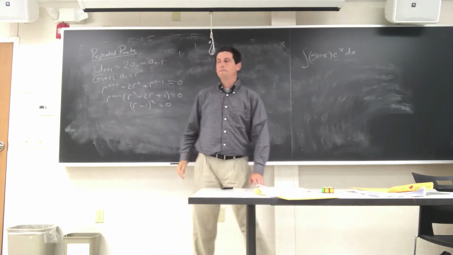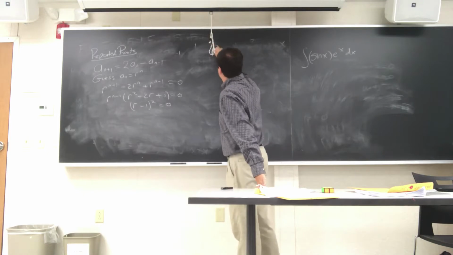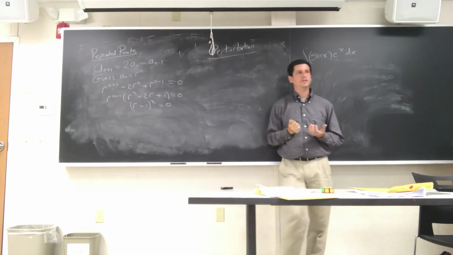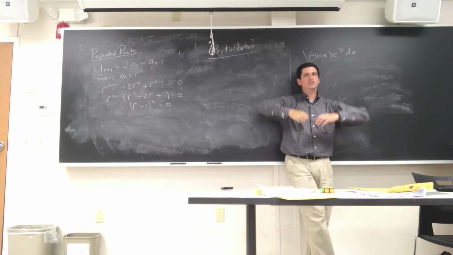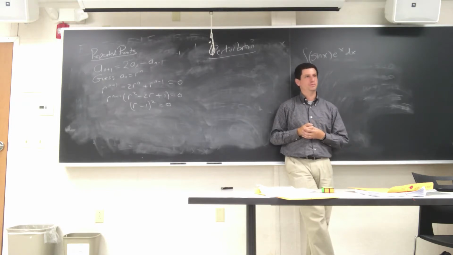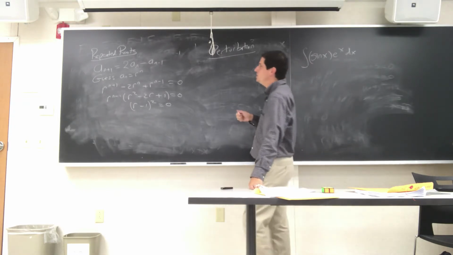So we're going to do perturbation theory. And the idea is you take something that works in the generic case and you try to see what happens as you push it to an extreme. So let's tweak the equation.